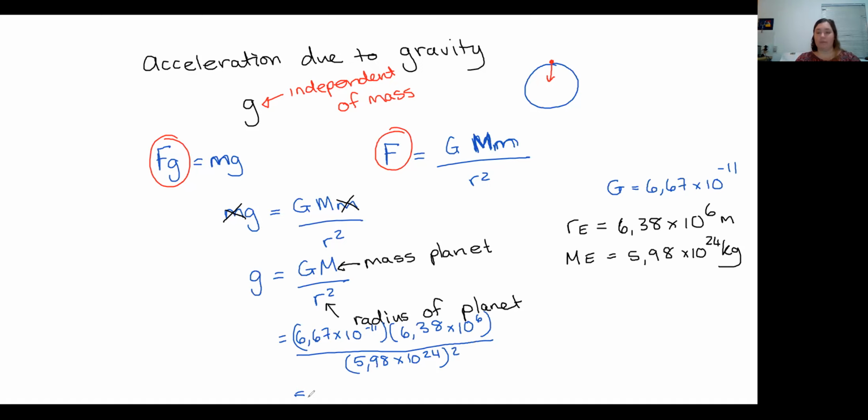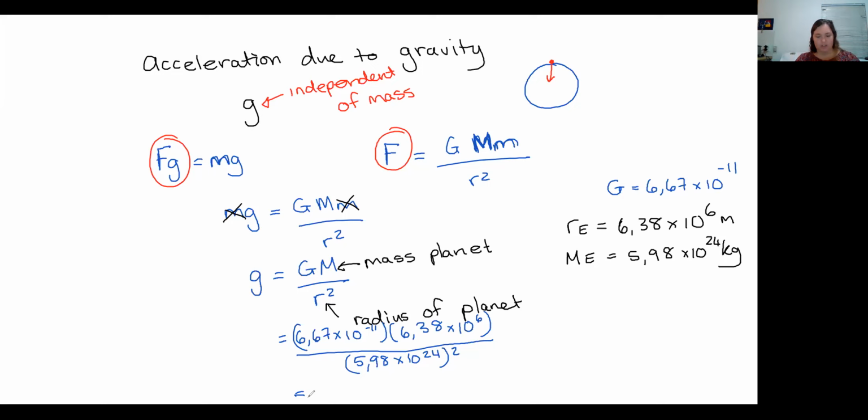You can quickly join me in calculating this. We have 6.67 times 10 to the minus 11, and I multiply that by 6.38 times 10 to the 6, and then I divide it by 5.98 times 10 to the 24, and I square it.